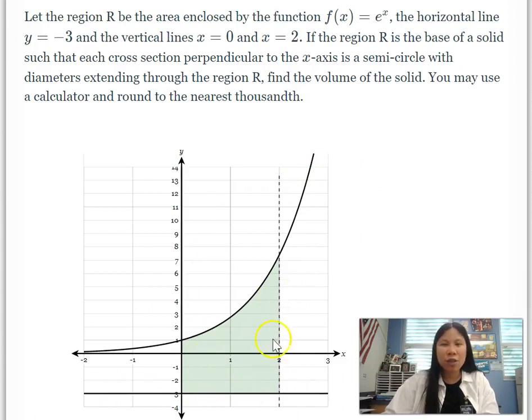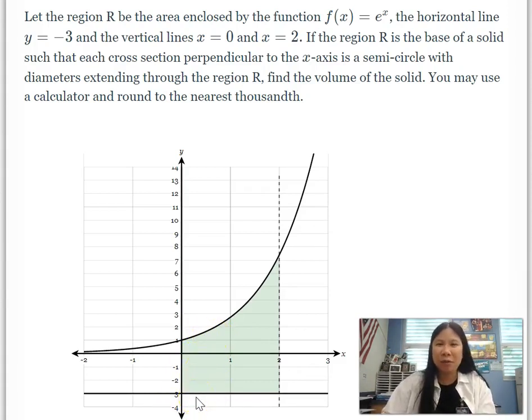So we're just looking at this shaded region, but on top of this shaded region, instead of rotating it around anything, we're actually building semicircles on top of this shape. So our semicircles are going to have the diameter vertical like this. So imagine if I stuck a semicircle on top of this shape, sticking out towards you, so that it goes over this shape.